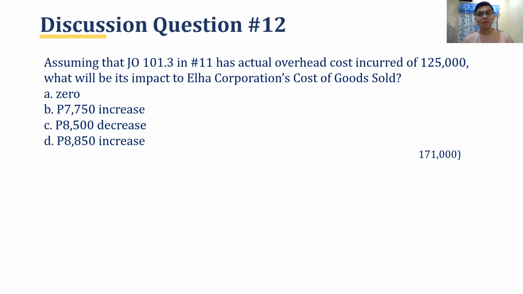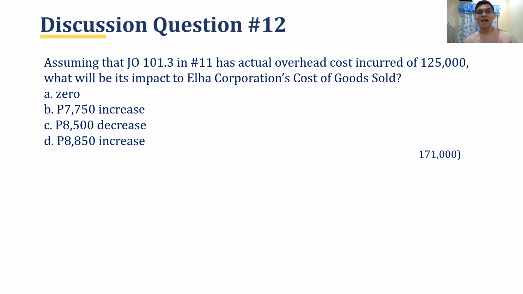But if naka-indicate sa problem that the amount is material, then you have to prorate that to your work in process, to your finished goods and your cost of goods sold based on their ending balances. But with item number 12, silent naman siya, then you close everything to cost of goods sold.